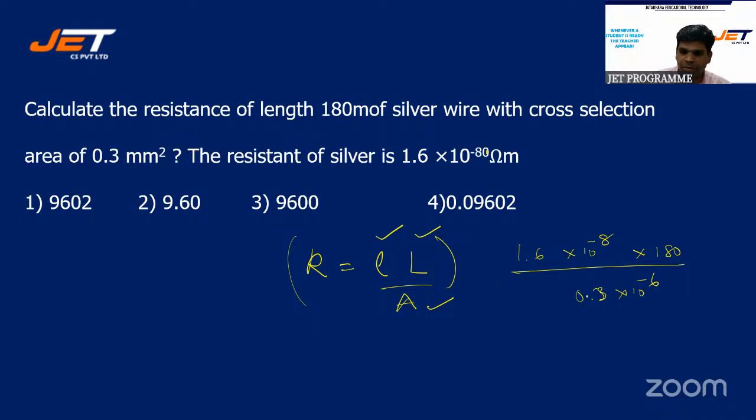So what do we do? This is 3 into 10 power minus 7. This goes on top, 180. So 1.6 into 10 power minus 8 into 180, this gets cancelled out, plus 7.